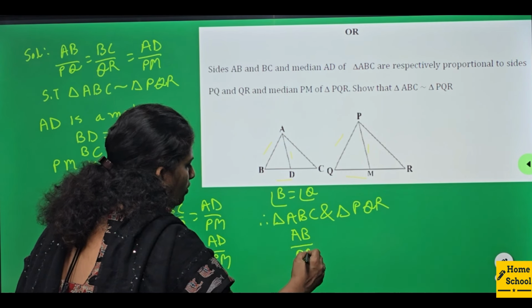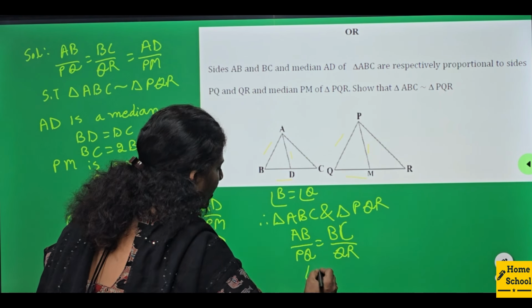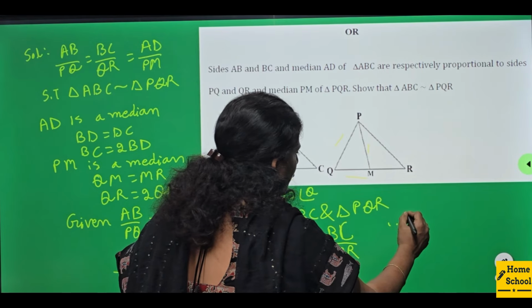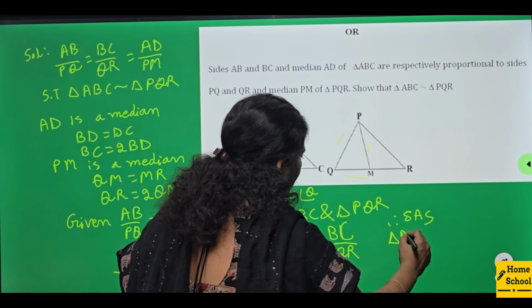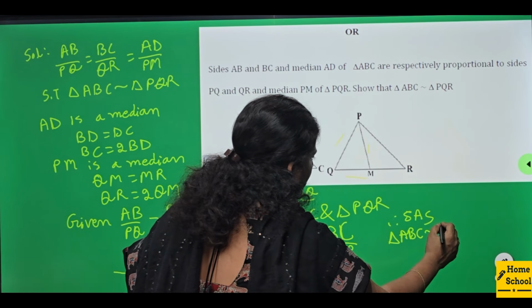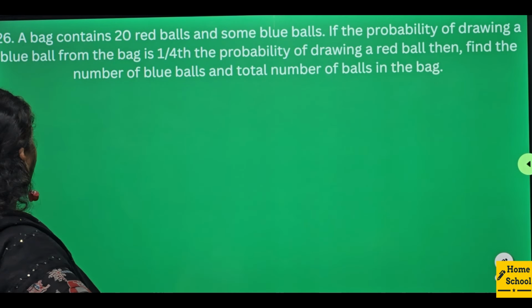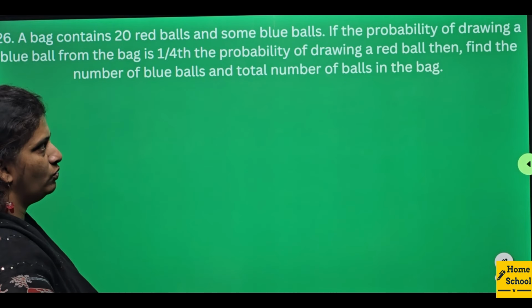AB by PQ is equal to BC by QR, and their included angle B is equal to angle Q. Therefore by the SAS criterion, triangle ABC is similar to triangle PQR.